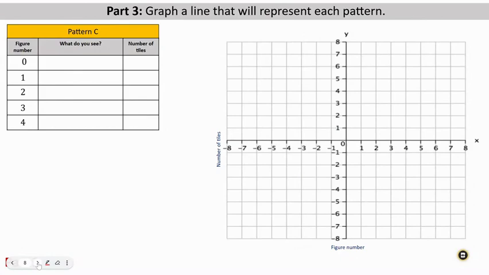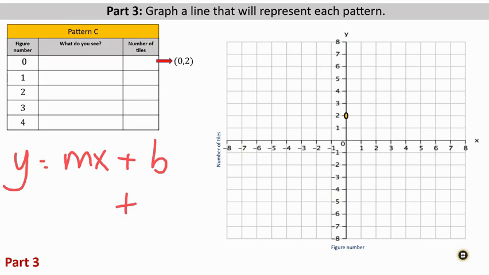Let's see how the graph looks. We have 0, 2, which is my y-intercept. I already know mx plus b, and my y-intercept is 2.